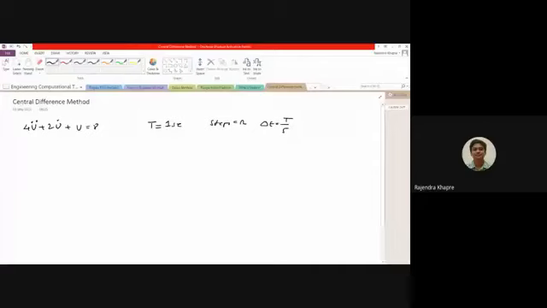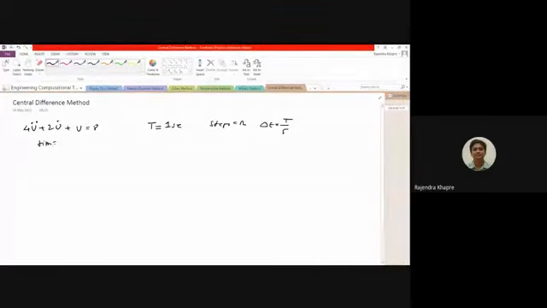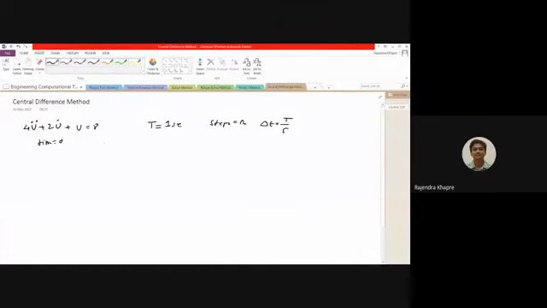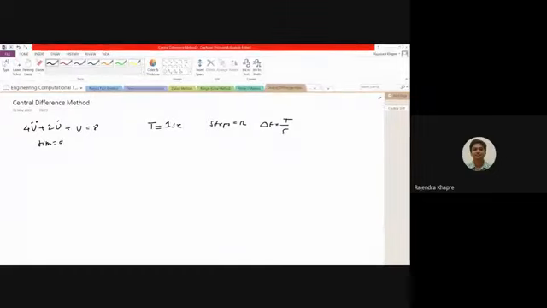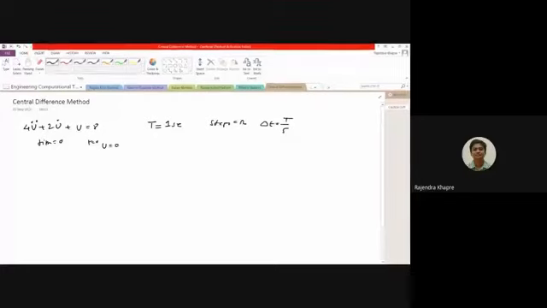At the same time, the initial condition: at time t equal to 0, the value of u, that is the displacement, is given as 0. At the same time, the velocity, that is u dot, at t equal to 0 is also given as 0. So this is how the problem is defined.